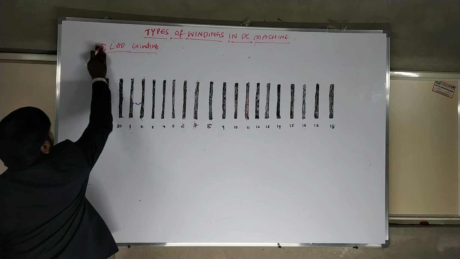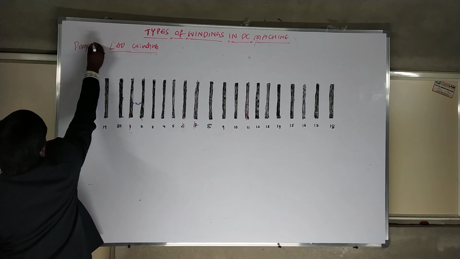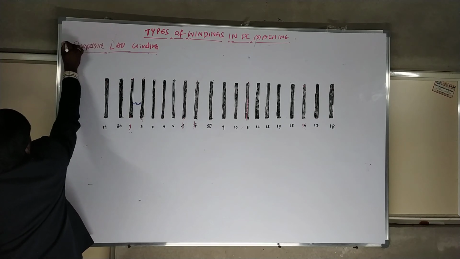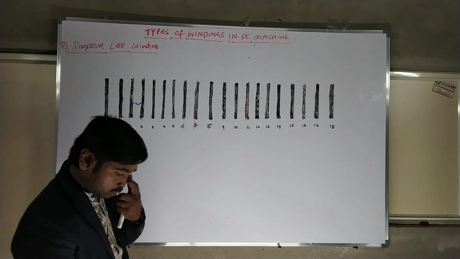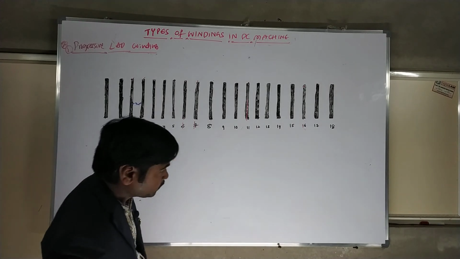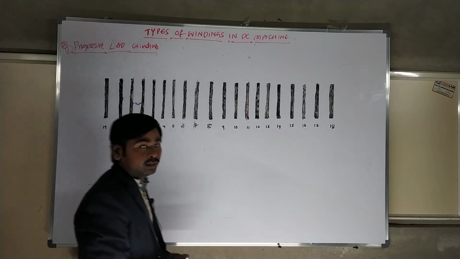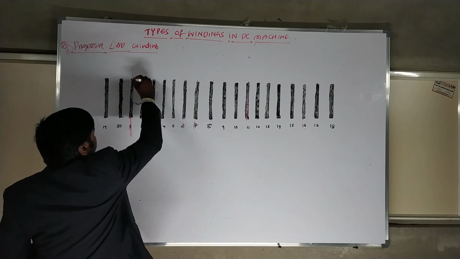I should extend the topic here. This is 2.1, progressive lap winding. So how will the progressive lap winding take place? To understand very clearly, I will draw the winding. What is going to happen in progressive lap winding? The thing is very simple. The winding should go like this.